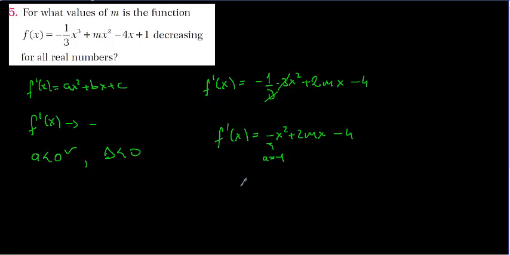And the second condition, delta also must be less than 0, which is equal to b squared minus 4ac, and here in this question, b squared minus 4ac is 2m squared minus 4 times, sorry, a is equal to minus 1, times minus 4, which is equal to 4m squared plus 16.